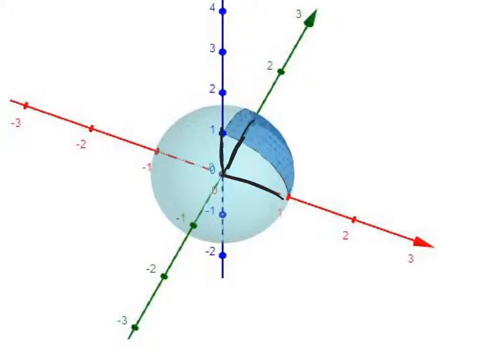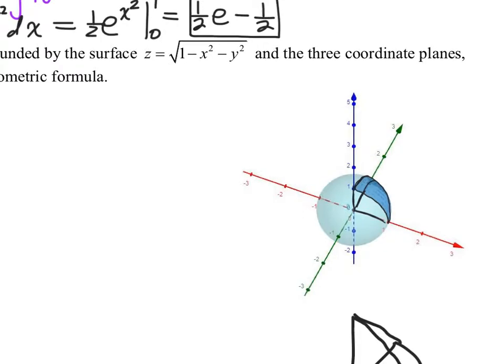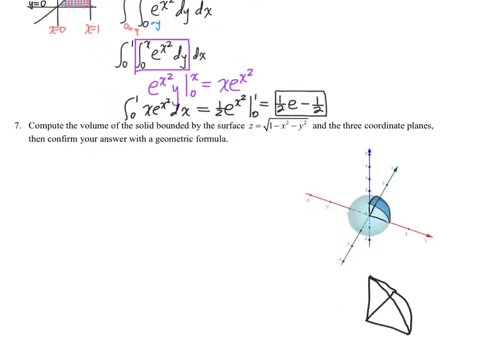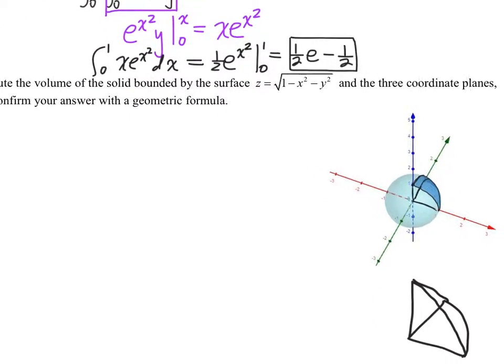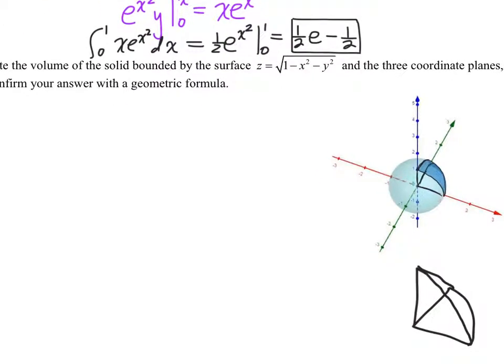But to solve it, can't you just say 4/3 pi and then divide it by 8? That's how we're going to check it. Confirm your answer with a geometric formula. Actually, we'll never get to a point in this one where we figure out the result of the integral.